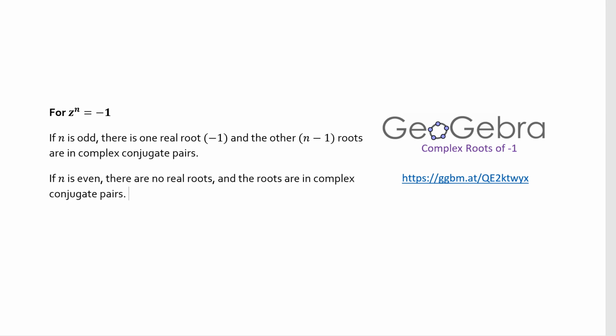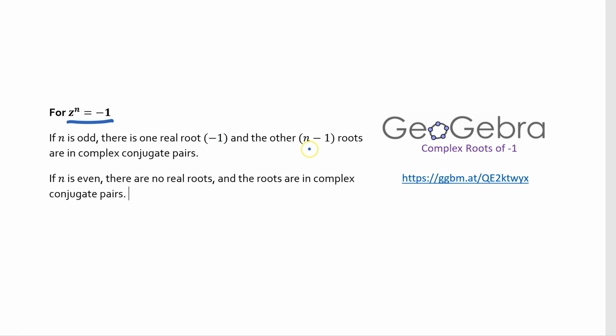Now, if we look to take the complex roots of minus 1, then if n is odd, there's only one real root. So z to the 1 equals minus 1, obviously z equals minus 1. But if we had z cubed equals minus 1, then the only real root would be minus 1.